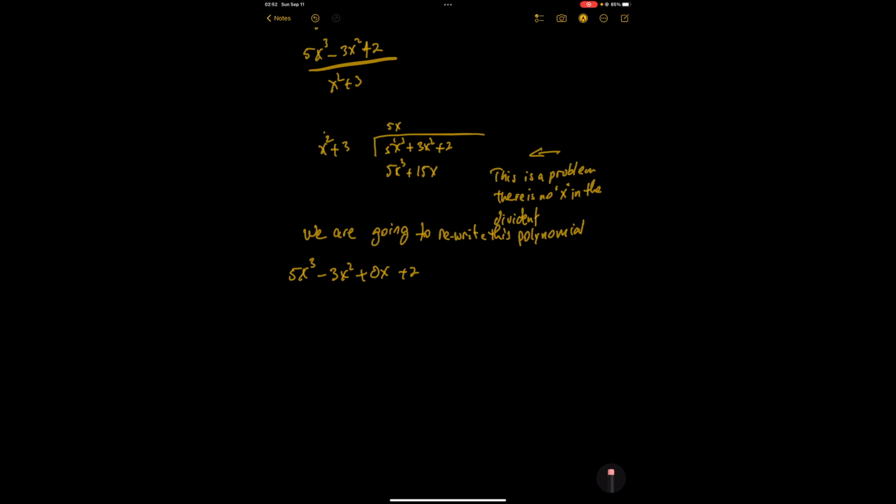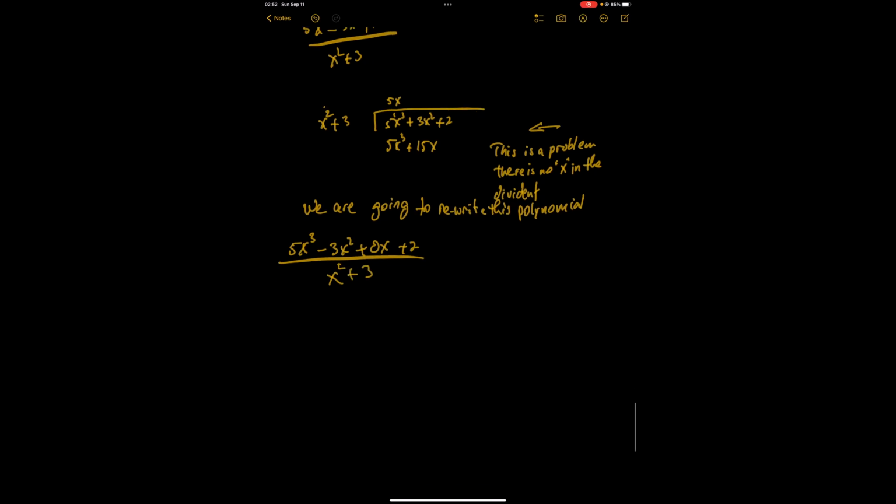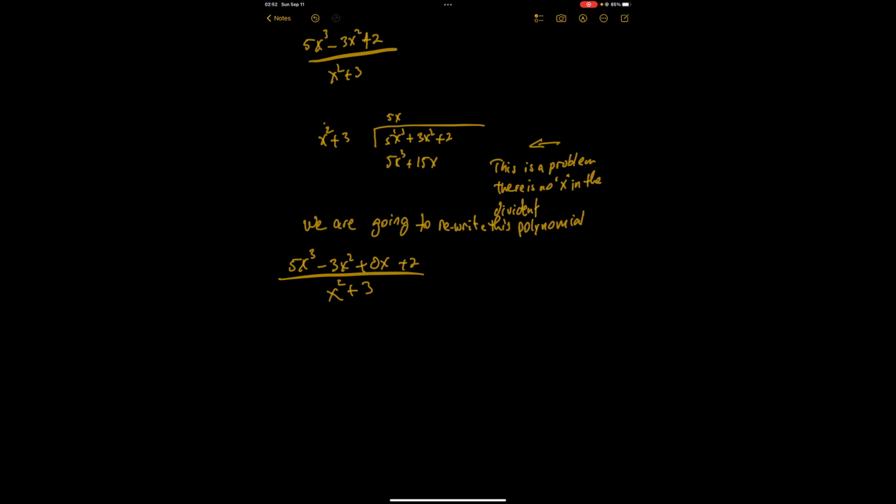All of that over x squared plus 3. Now, let's actually do the exercise again. So, we're going to have x squared plus 3 into 5x cubed minus 3x squared plus 0x plus 2.